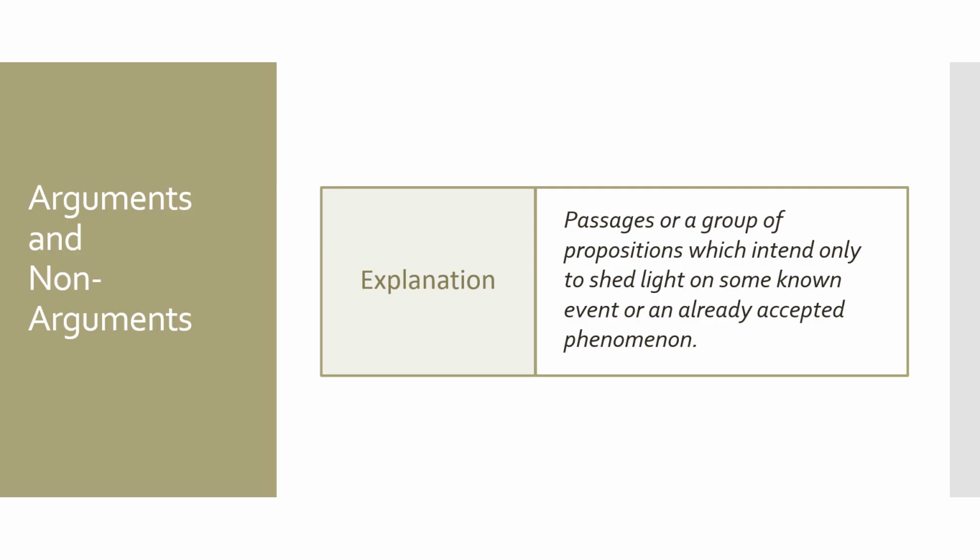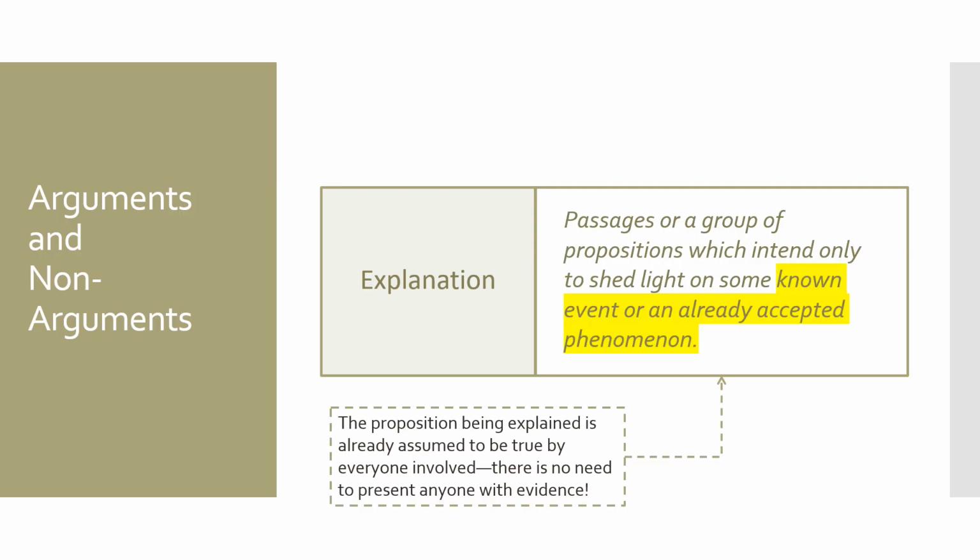Now, there are a couple things that are worth paying very close attention to in this definition, and let's try to dig those out. The first of these comes at the end, right? Essentially, in an explanation, the proposition being explained is already assumed by everyone involved to be true. There is no need for anyone to present any evidence because nobody's complaining about it and no one's in doubt of the claim.